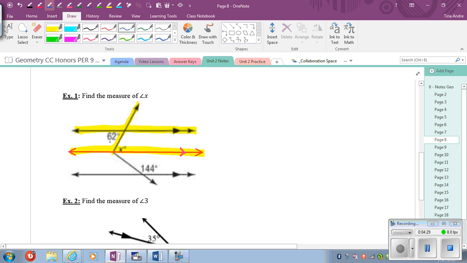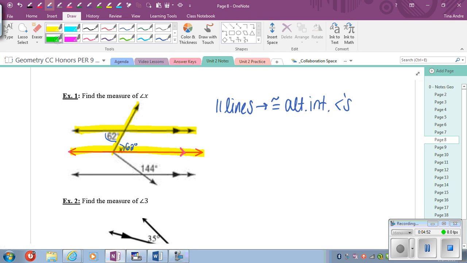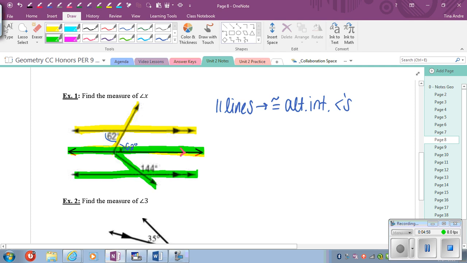So when I look at angle 62, how does it relate to what I'm trying to find? I'm trying to find this big angle here. Well, this little portion has to be equal to 62, again because parallel lines imply congruent alternate interior angles. And then if we look at the bottom half of the diagram, now here's my parallel lines, here's my transversal.